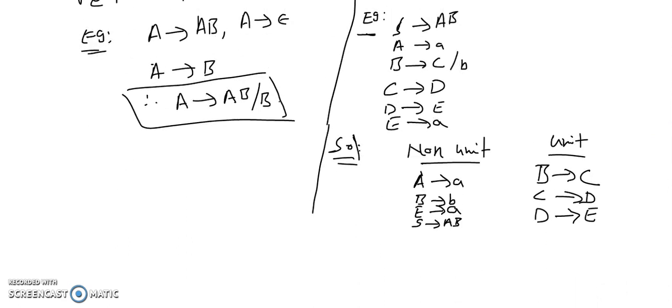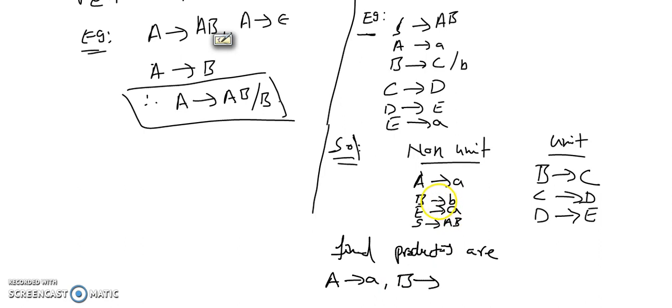So from these two types of productions, the required grammar is that the final productions are capital A tends to small a, and B tends to small b.